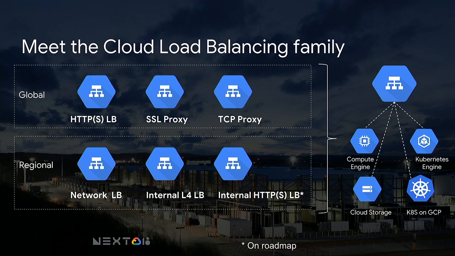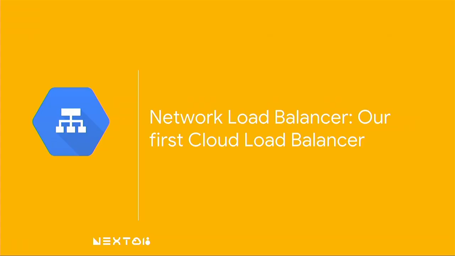And one of the things that many of you know, but some of you may not, is that these load balancing flavors actually underpin a lot of things, especially load balancing on the compute engine side, or whether it's cloud storage, or whether it's the GKE side, which is our Kubernetes side, or even your self-managed Kubernetes on GCP. So we thought, let's start with the basics, which was the first flavor that we have.